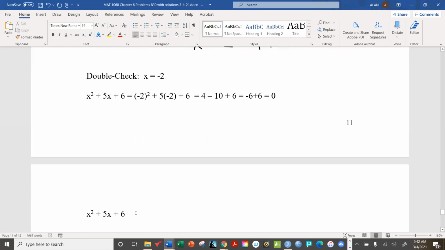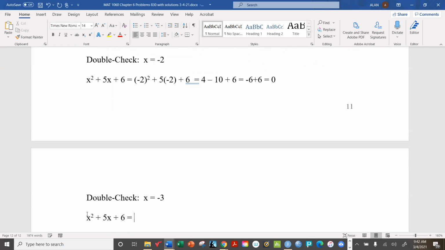Now let's try it again when x equals -3. We're going to have -3 squared plus 5 times -3 plus 6 equals 9 minus 15 plus 6, which is -6 plus 6 equals 0.